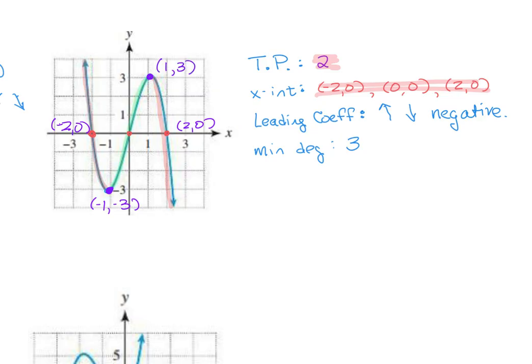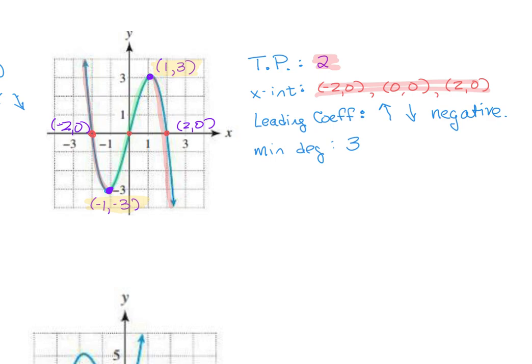Notice that when we look at these 2 points, I change the sign of my x, I change the sign of my y, and they're exact opposites of each other. We also have that our graph, granted this isn't always the case, does go through the origin. So not only is this a degree 3 polynomial, it is an odd polynomial.